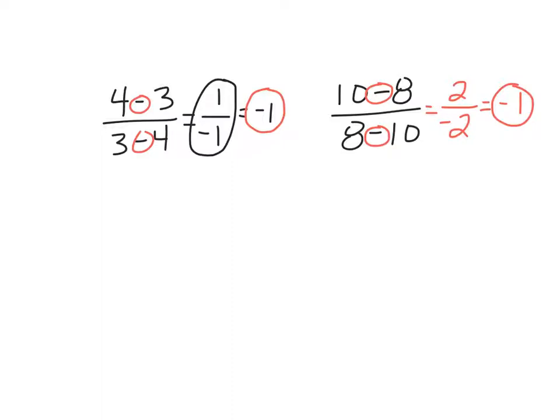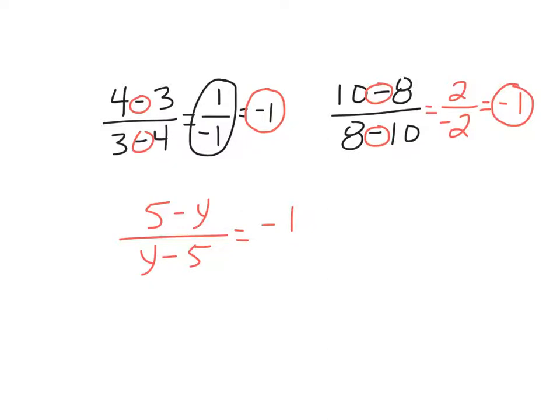So using that information, if you're given one like this, 5 subtract y over y minus 5, it doesn't matter what that y is equal to, because I just reversed those.